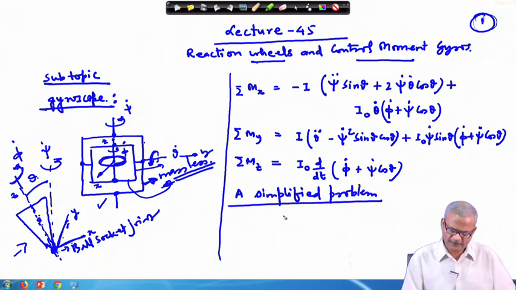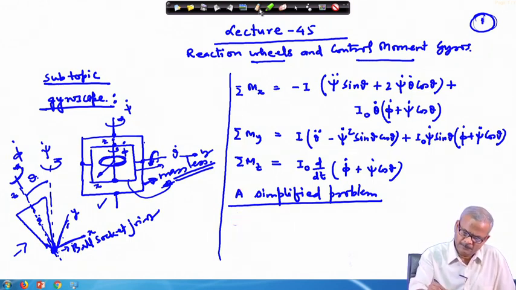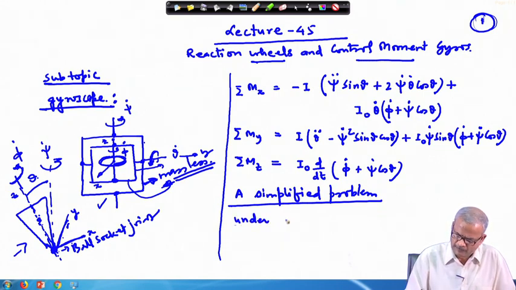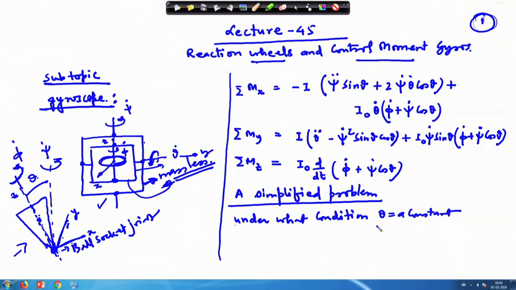In the simplified problem, we are looking for the condition under which theta dot will be 0, meaning theta is a constant, psi dot is a constant, and phi dot is also a constant. So, we have to find out the torque condition from this. Let us explore this.